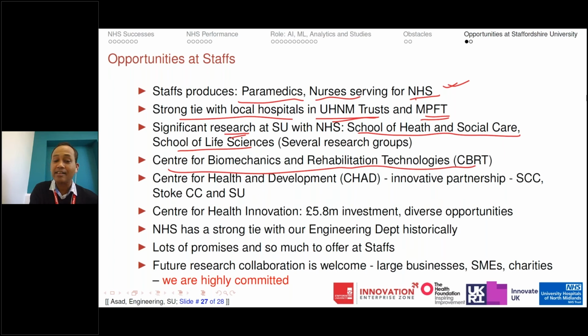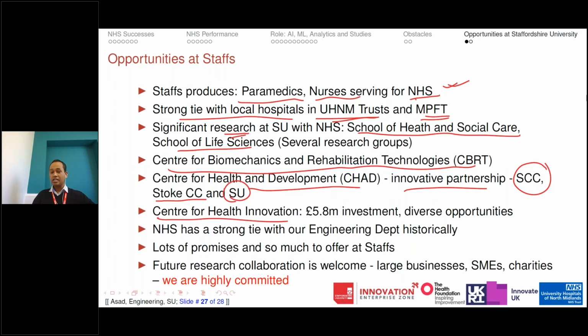We have the Centre for Health and Development, which is an innovative partnership between Staffordshire County Council, Stoke-on-Trent City Council, and Staffordshire University. Recently, the university has released some funding, with some matched funding, and the Centre for Health Innovation is established.